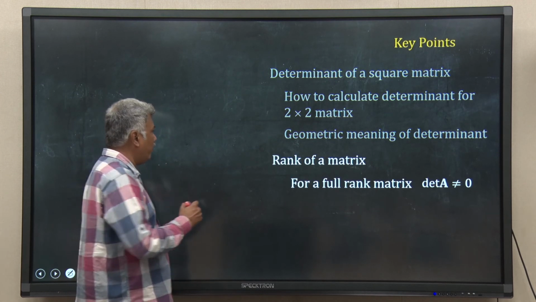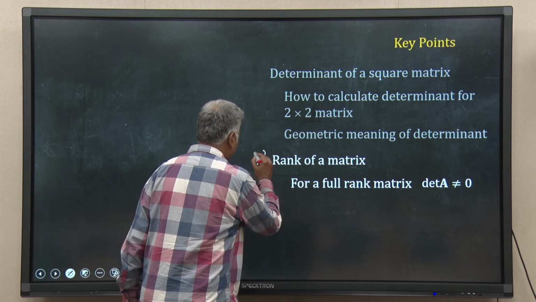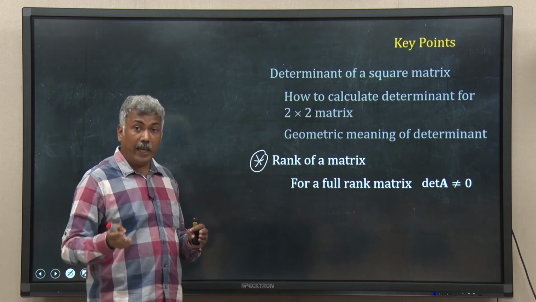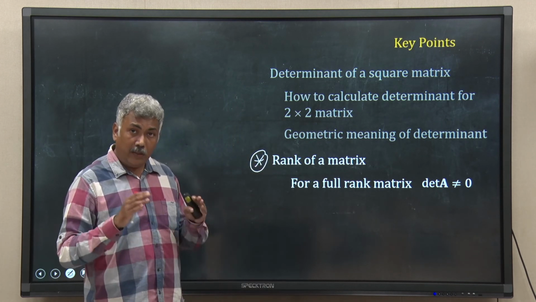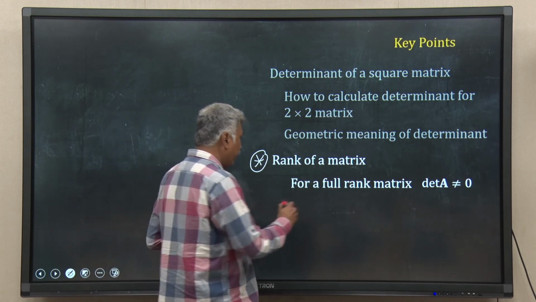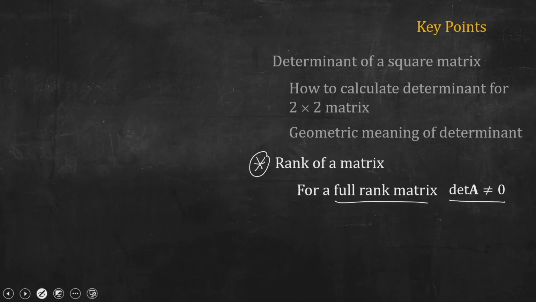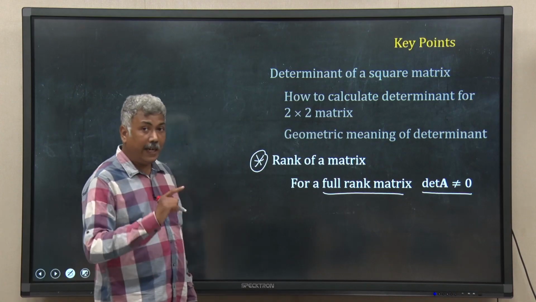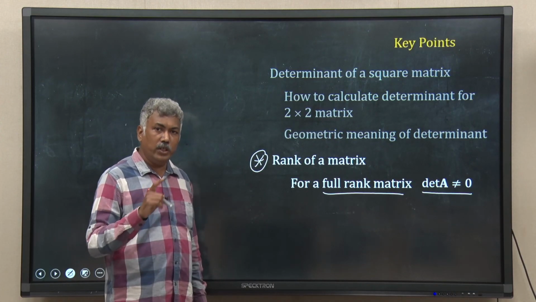We have also learned about the rank of a matrix, and we have learned full rank matrix and rank deficient matrix, and we know now that a full rank matrix will have determinant not equal to 0, whereas a rank deficient matrix will have determinant equal to 0.